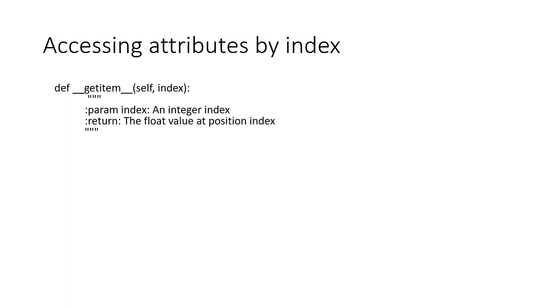So for __getitem__, we will have an index, which is an integer index. If we go out of range, then we will get the Python error for index out of range. We could create our own error if we like. And what we will return is the value at that index.